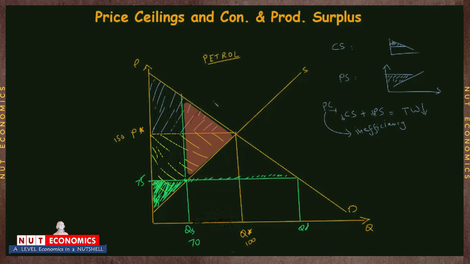So this triangular area can be called the deadweight loss of a price ceiling.